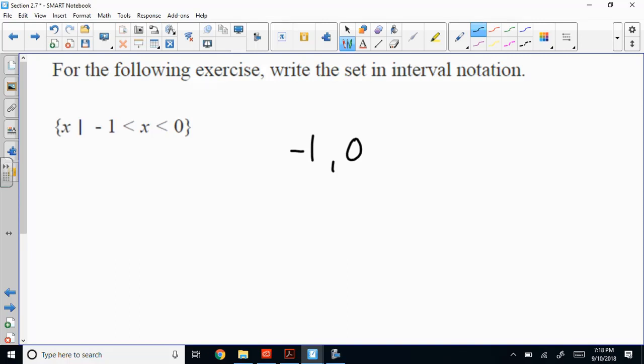Okay. Now, does it include -1? Yes or no? Does this inequality include -1? Well, if it doesn't include it, then it gets a parentheses, right? Does it include 0?